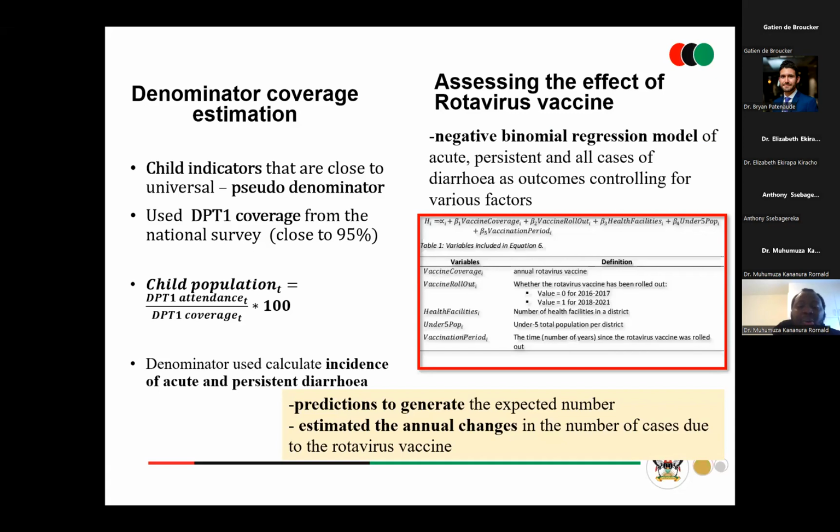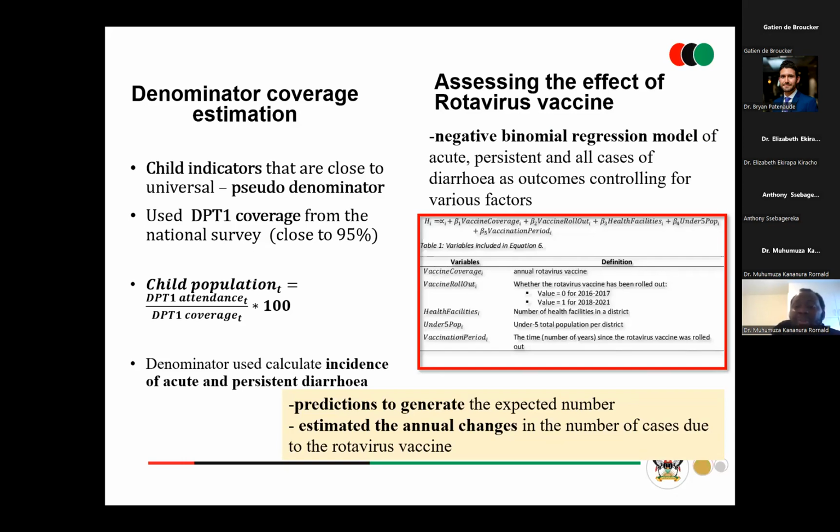And so we use this to get the denominator that we can use to estimate the coverage of Rota vaccine, but also to try to understand the incidence of acute and persistent diarrhea.